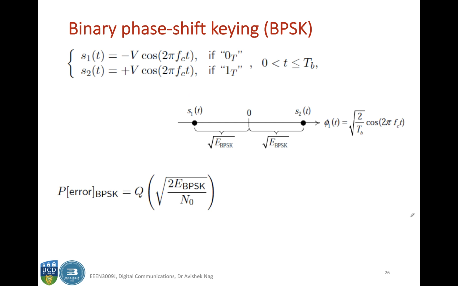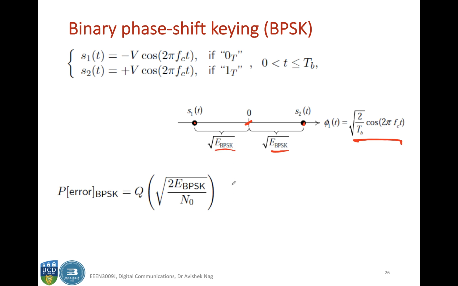For phase shift keying, we have two signals. One is minus V cos 2 pi FCT and the other is plus V cos 2 pi FCT. So there is a 180-degree phase shift, and you can represent the signals again using just a single orthonormal basis function, which is given by this, and you can have S1t and S2t which are equidistant from the origin, each of them having an amplitude square root of EBPSK.